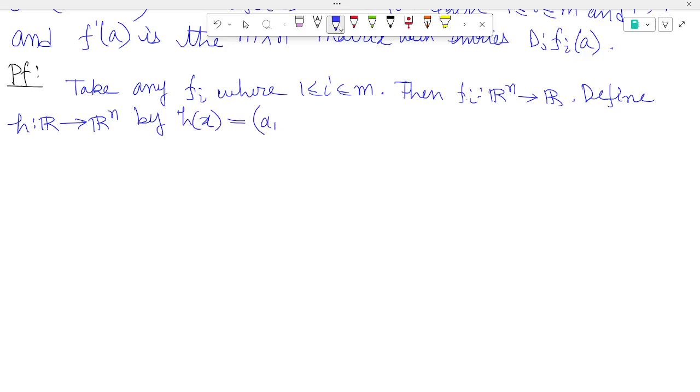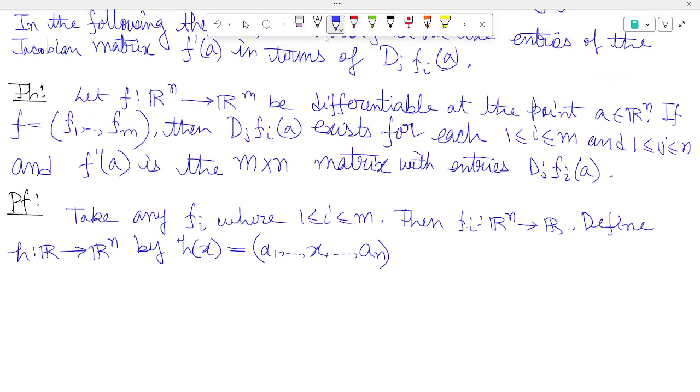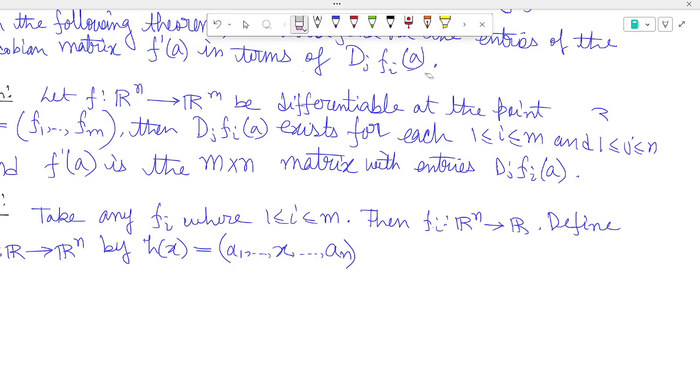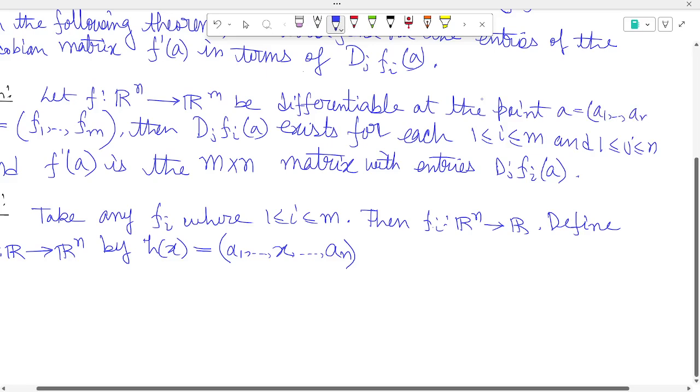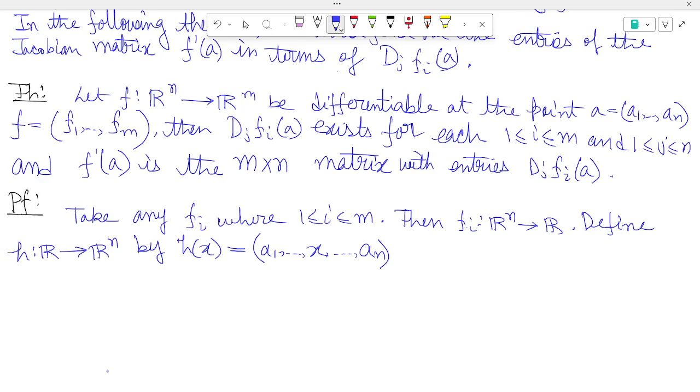This is the coordinate, a is this point, and h is the vector where there is an x in the jth place.